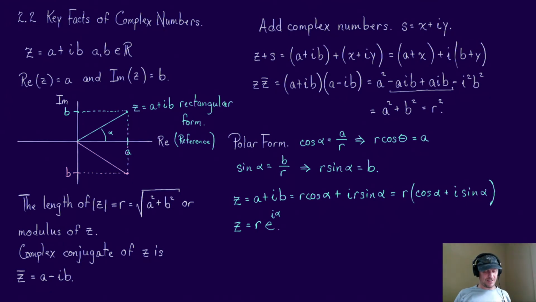Now, look at this. This brings up an interesting point. We can write the complex conjugate this way as well. So the complex conjugate, z bar, well, it has the same modulus, of course, so that's going to be r. And then this time, though, what is the difference here?